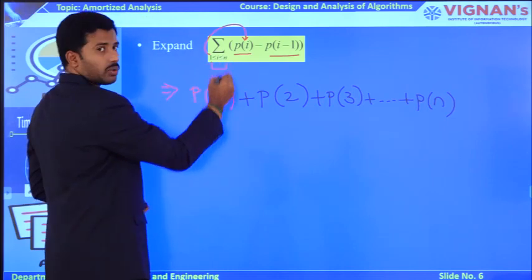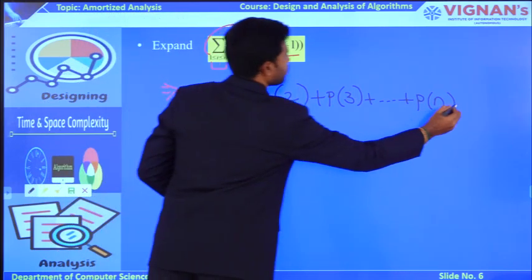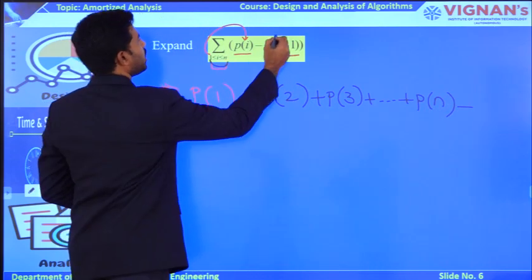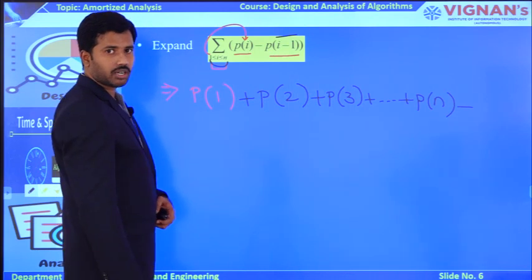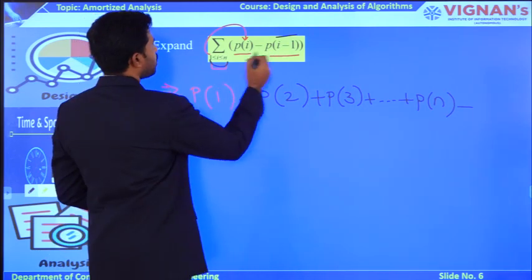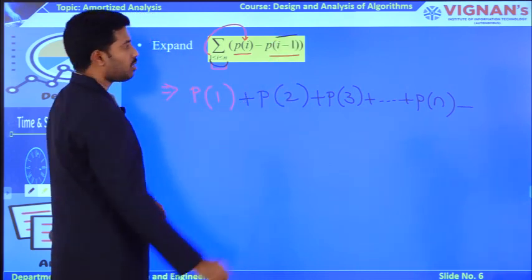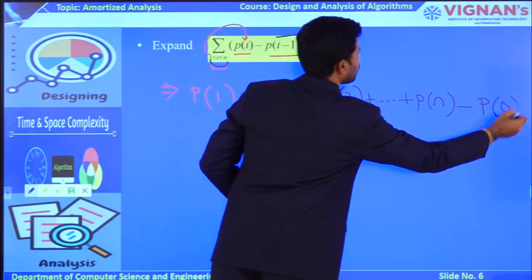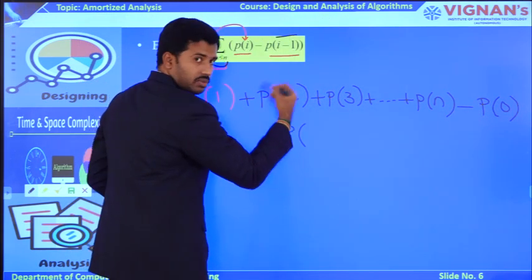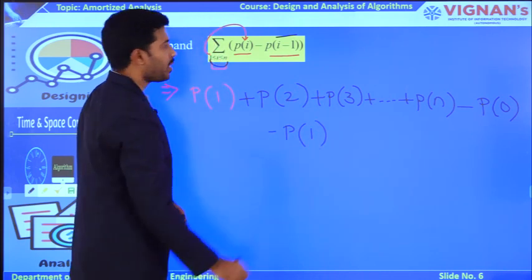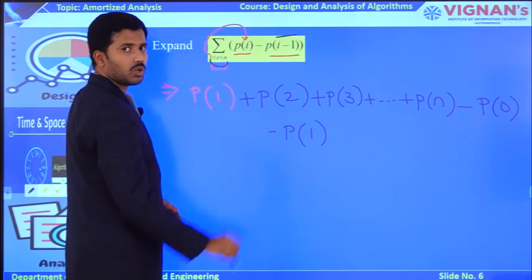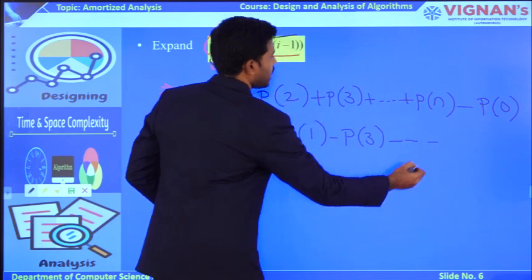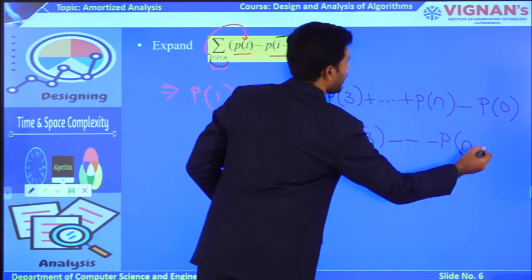Because here the range is 1 to n. Okay, now minus. Now we try to substitute the 1 to n range in the I minus 1 potential function parameter. If you substitute I value as 1, ultimately here minus 1 is there. So 1 minus 1 gives 0. Minus for the next value, it is going to look like P of 1. Why? Because for the next value I becomes 2. 2 minus 1 is 1. For the next value minus P of 2. So likewise so on up to minus P of n minus 1.